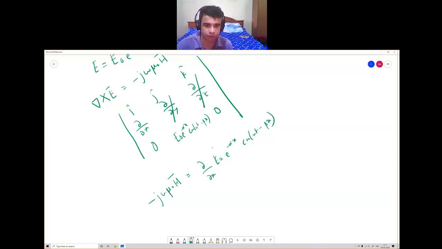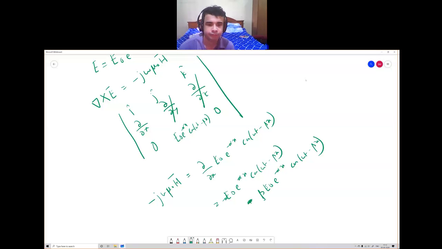So if we differentiate this, two terms: minus alpha E naught e to the power minus alpha x cos of omega t minus beta x, plus minus beta E naught e to the power minus alpha x cos of omega t minus beta x. Right?